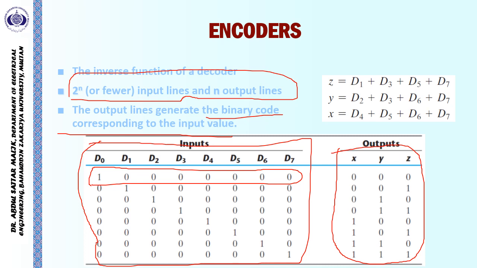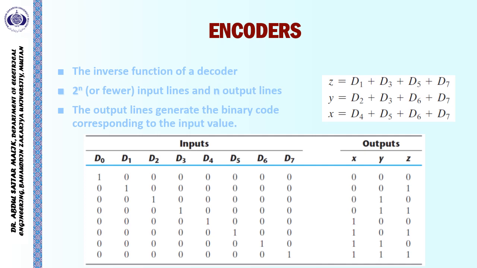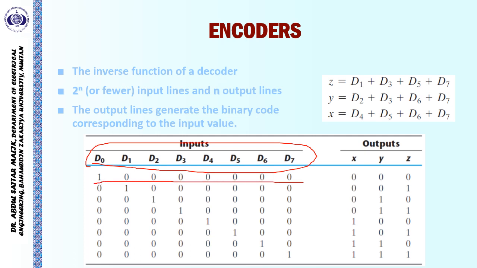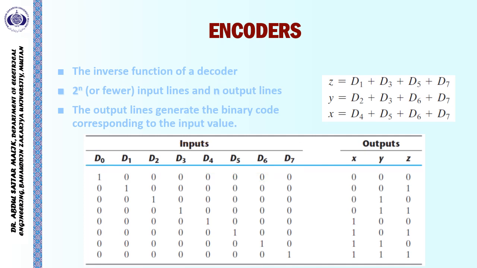So this is a very important point to consider about the encoder: although we have 8 input variables, and these can have 256 combinations, we have only taken those combinations in which only one input is high and all the remaining are 0, and that yields only 8 possible combinations.